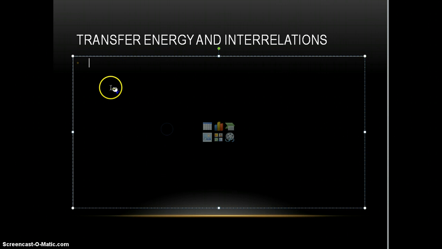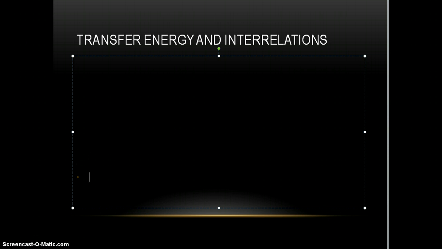So how it begins is that at the base are organisms called producers or autotrophs. What autotrophs means is organisms that create their own food through the process of photosynthesis using the sun's energy.